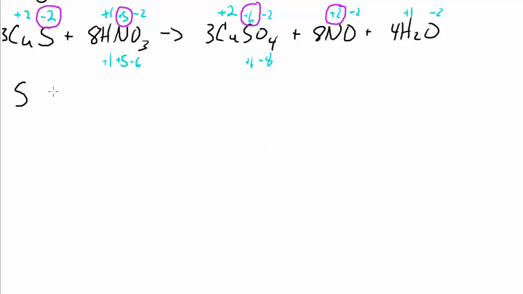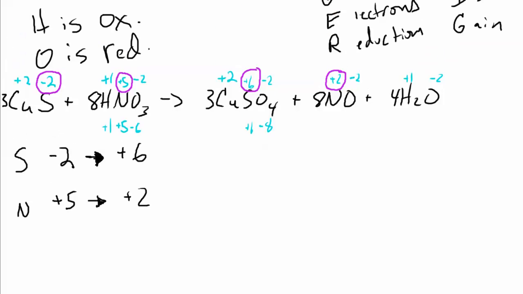Sulfur went from -2 to +6. That's an arrow. So sulfur's oxidation number went up. And then nitrogen went from +5 to +2. So nitrogen's oxidation number went down.